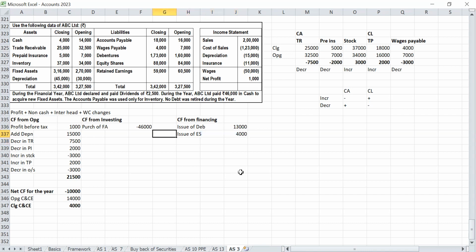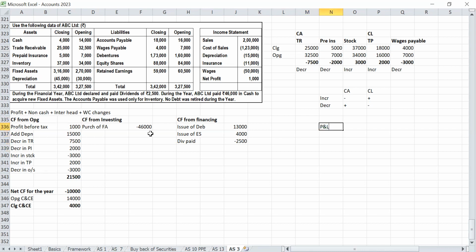Then during the year, dividend paid 2,500. Dividend paid will be a negative item, no sir? Sorry. Minus 2,500.